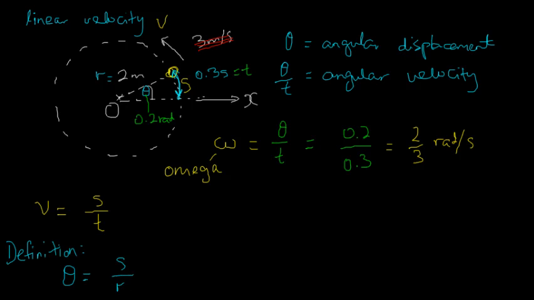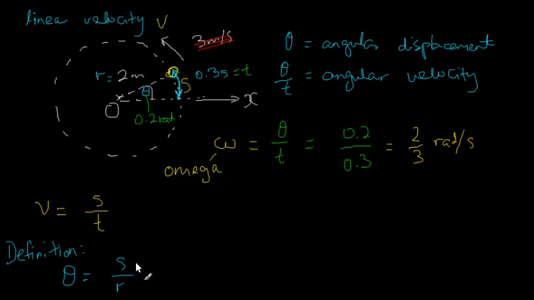Now, to make sense of this, let's think about what happens when the arc length here is the whole circumference. Then the angle would be the whole 360 degrees, but in radians.